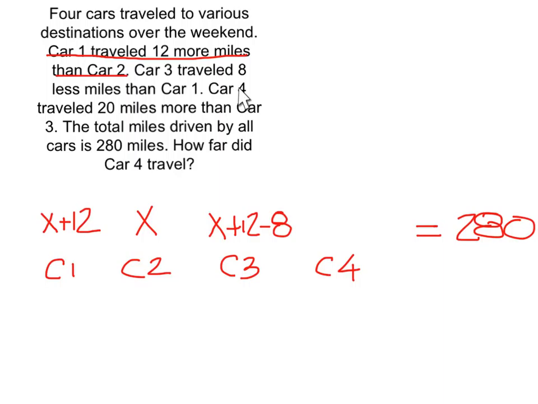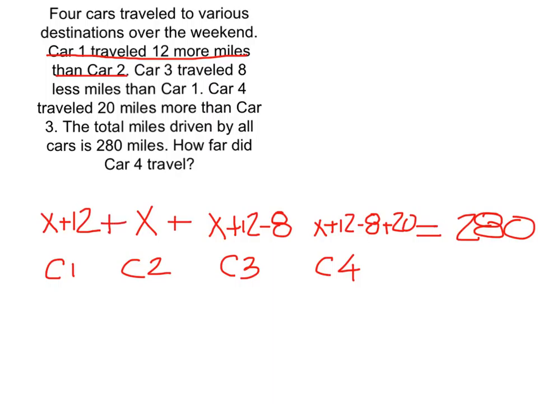And now car 4 traveled 20 miles more than car 3. So look at what we have representing car 3. Car 4 went 20 miles more than this. So you could insert X plus 12 minus 8 plus 20. Now you can simplify a lot of this.